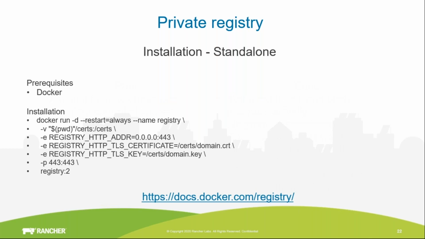So standalone, again, it's very simple. The big thing that I want to point out is Docker in particular respects certificates. So you do have to run a valid certificate. A lot of times when I'm hopping on a call with a customer, one of the very first things we run into is they're using a self-signed certificate, and Docker doesn't trust that by default. There are ways to work around that to force it to go ahead and trust it and ignore the certificates, but you're going to be fighting an uphill battle.